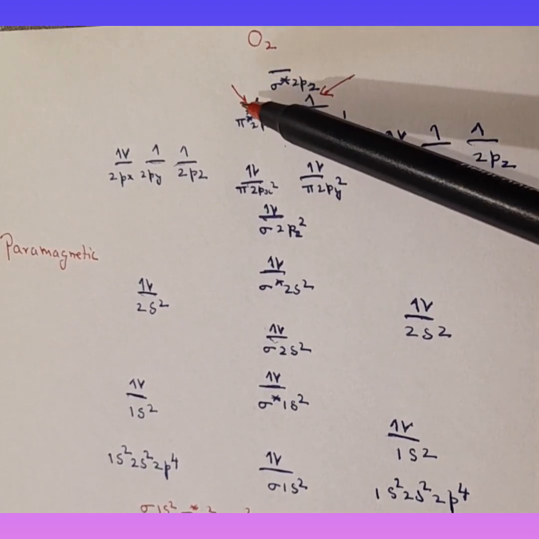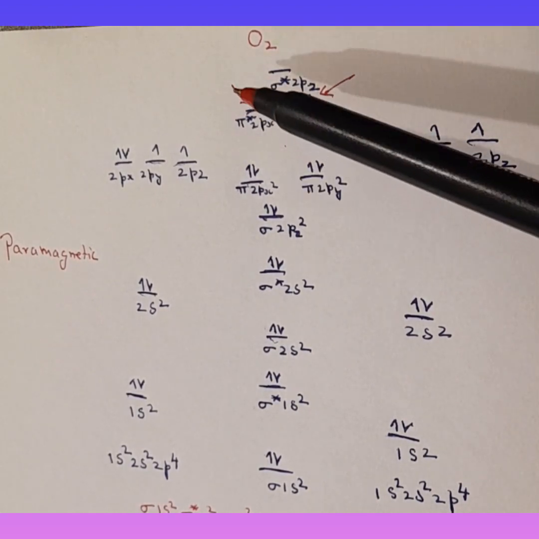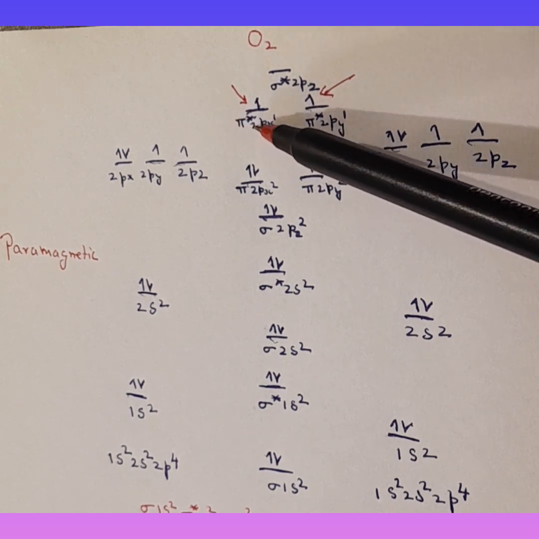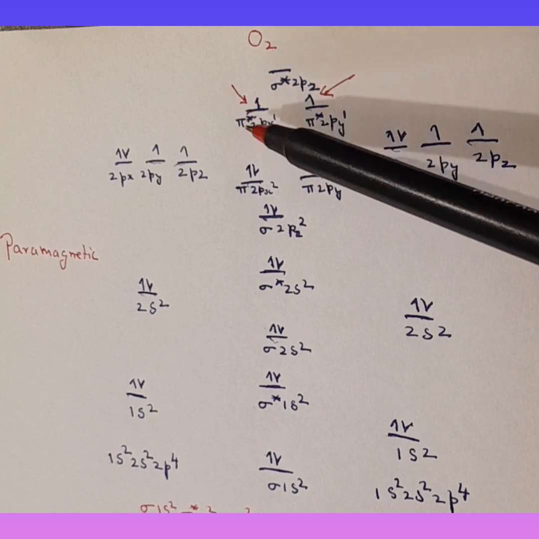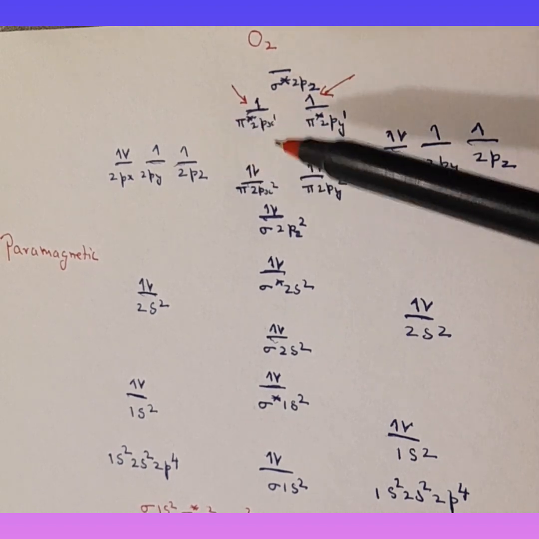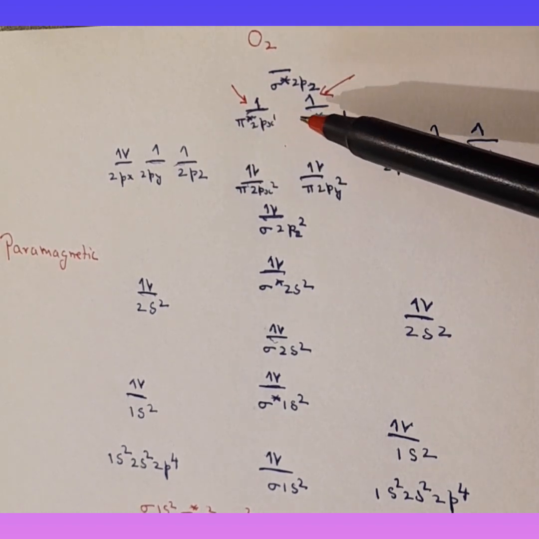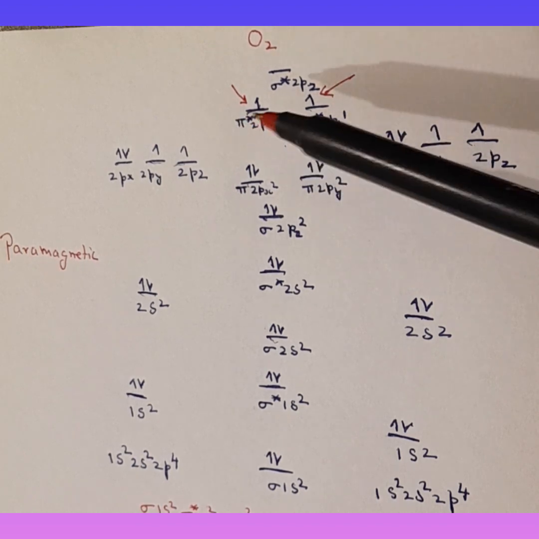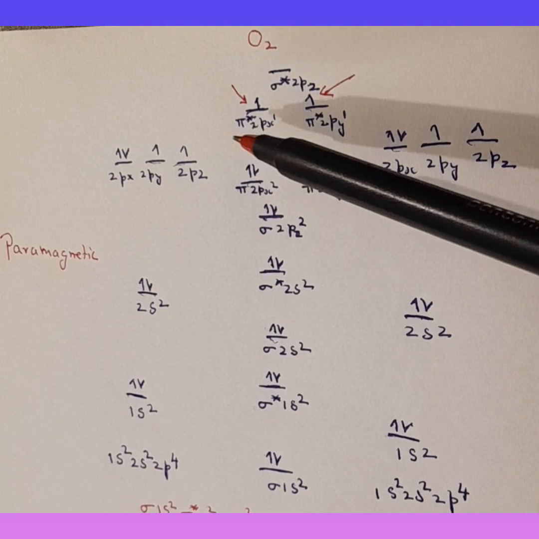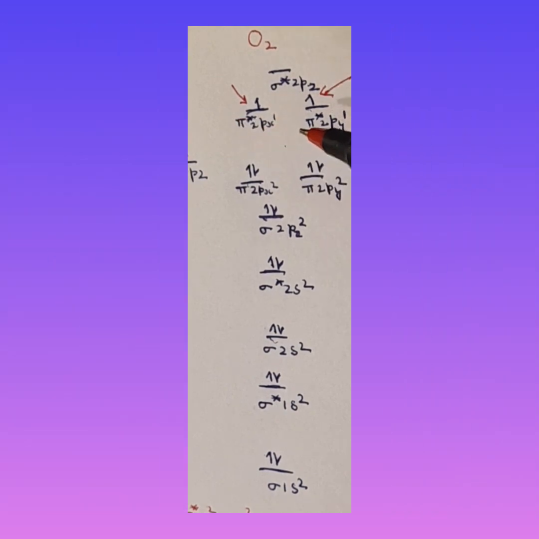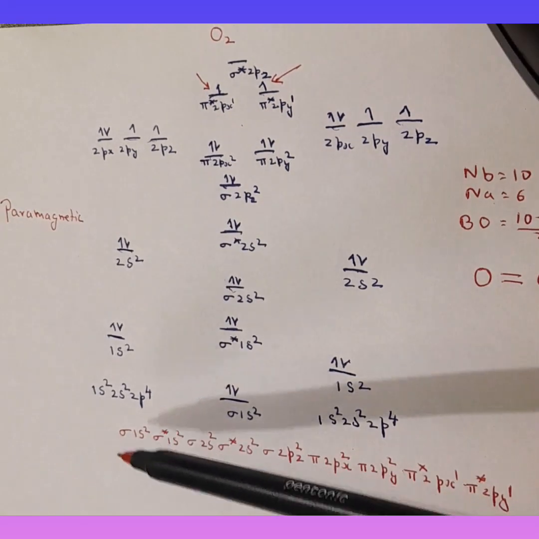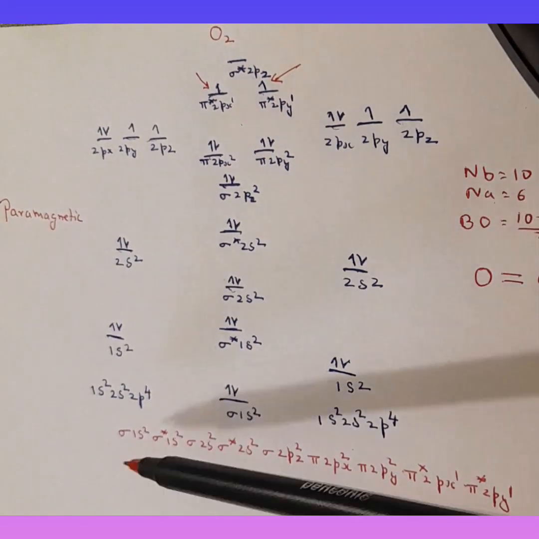When we are filling up electrons in these orbitals, Hund's rule is obeyed. Why? Because both pi antibonding 2px and pi antibonding 2py orbitals have the same energy. So whenever it has the same energy, Hund's rule is being followed. Alright, so this is the configuration. And let us understand the configuration here. So same thing I have written over here.